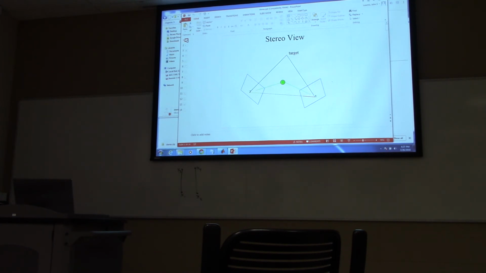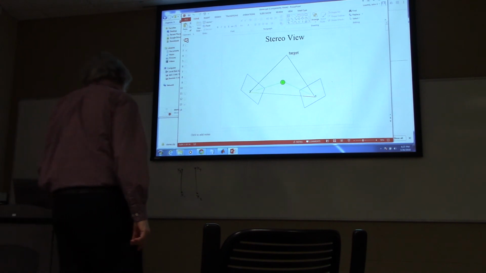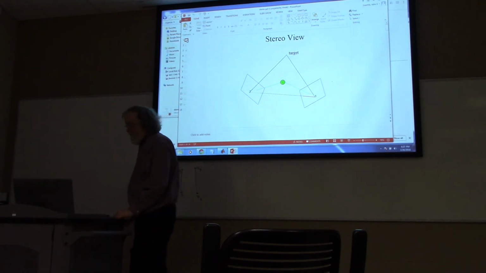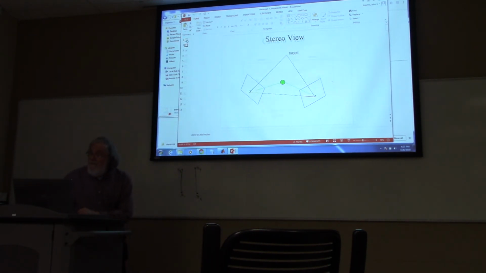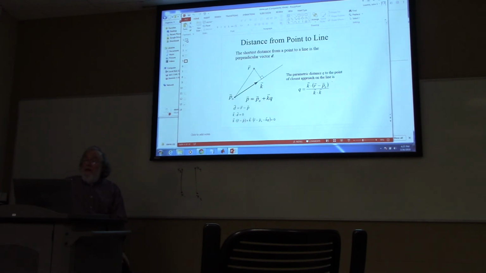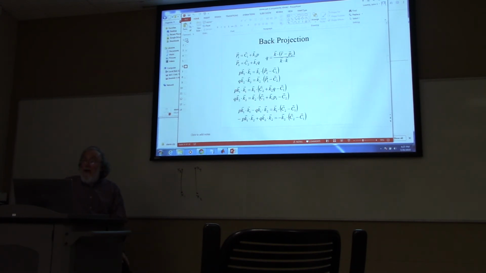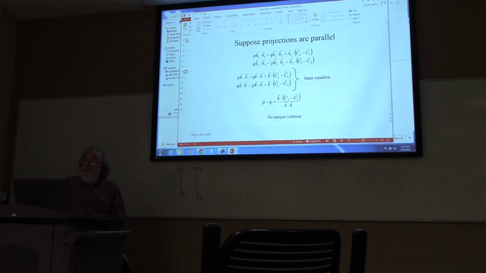All we can look for is the point of closest approach, which hopefully is 0, but in real life, it won't be. Okay, so here are our back projection equations. If they are parallel, there's a 0 determinant in there and no unique solution.